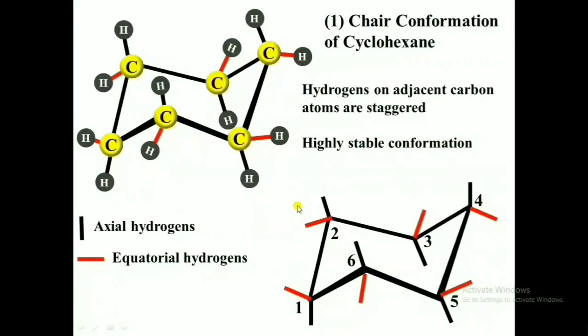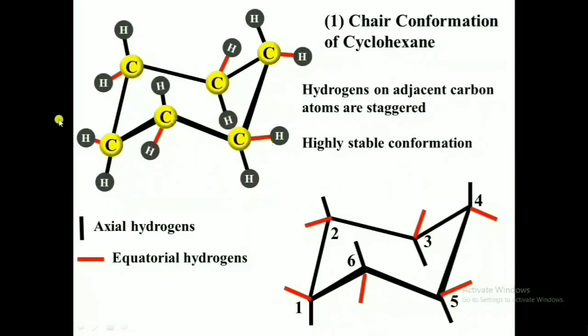The first one is the chair conformation of cyclohexane. This is the representation of cyclohexane in chair conformation. Here the yellow colored atoms are the carbon atoms at each corner or junction. You can see that it forms the shape of a chair. Here the bond angle is 109 degrees 28 minutes.